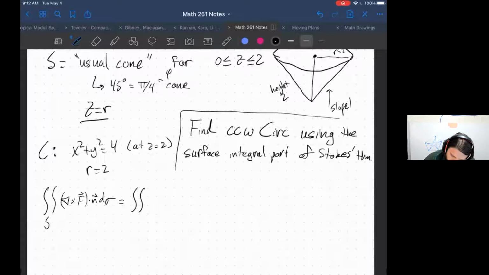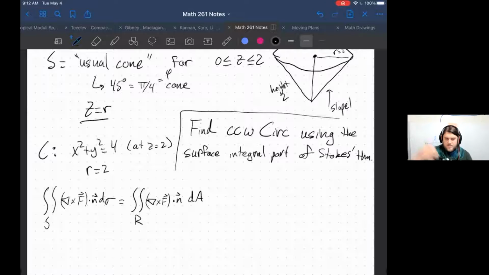Or if we want this in terms of our region, once we parameterize S, this is going to be the curl of F dot N dA, or du dv.